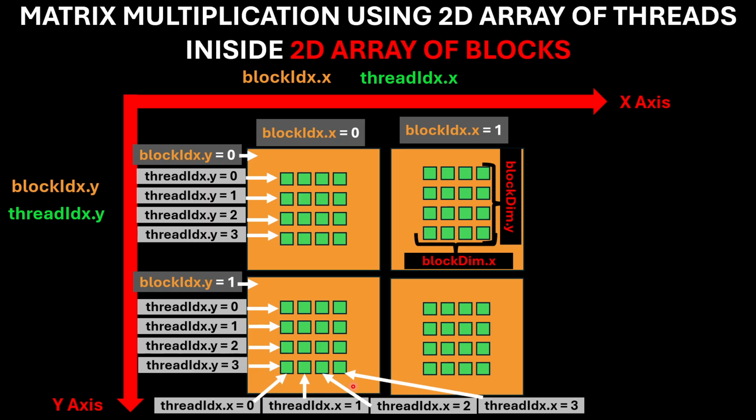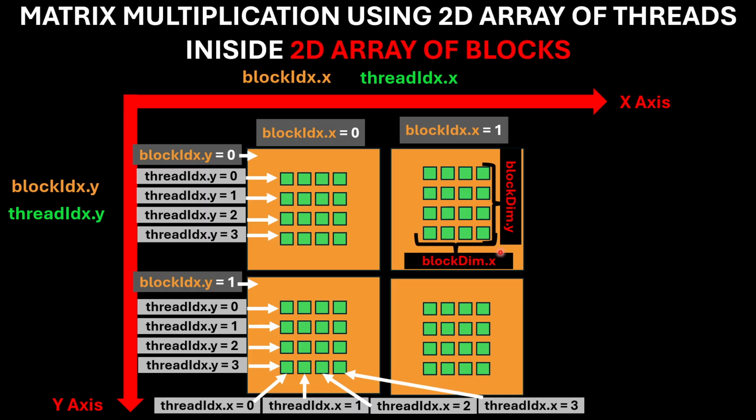Also, in the x direction, you see that we are picking up all threadIdx.x indexes 0, 1, 2, 3, and also in the next block, but with the increase of block index by 1, we are picking the same way threadIdx from 0 to 3.